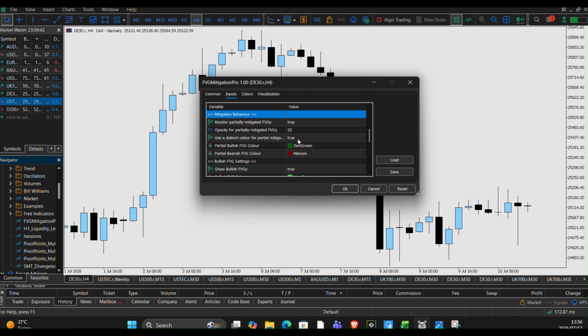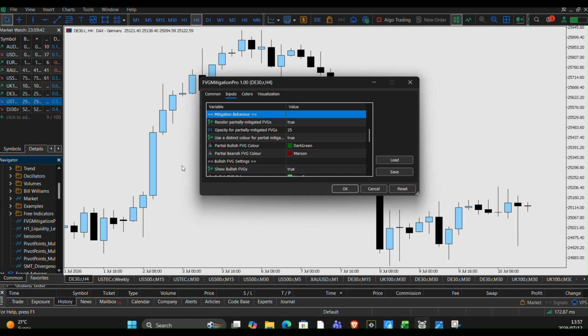And what happens when these fair value gaps are partially mitigated is that they change color depending on what color you choose them to be. You don't have to have them change the color. You can make them the same color as your normal fair value gaps. But this just helps me know, in terms of my analysis, which fair value gaps have been traded into, so I know whether to regard them or not.